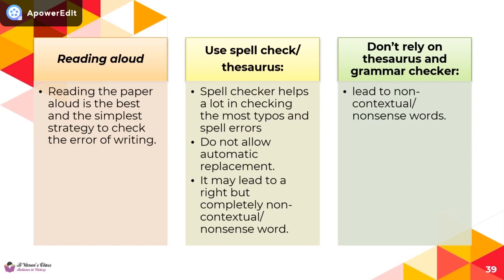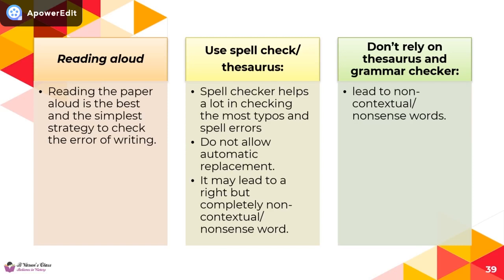But we should be careful in replacements because whenever we do automatic replacement, some main words can be changed, and it may lead to a right-looking but completely non-contextual or nonsense word. Third, don't rely on thesaurus and grammar checker. It may lead to non-contextual or nonsense words.